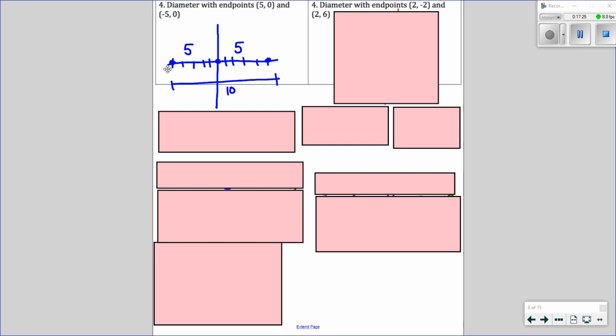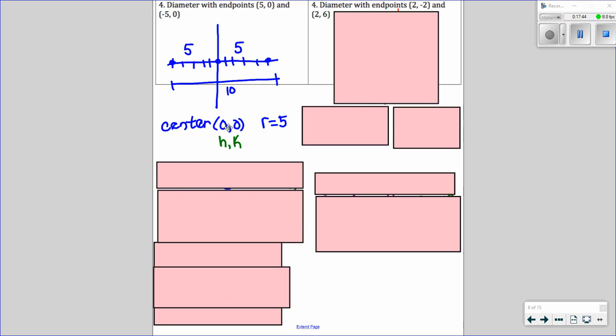Since this represents the diameter, and I want the radius, I'm going to just split it in half. Half of that is, of course, 5. And where's the center? The center is right here, which is going to be (0, 0). So that's how I did that.